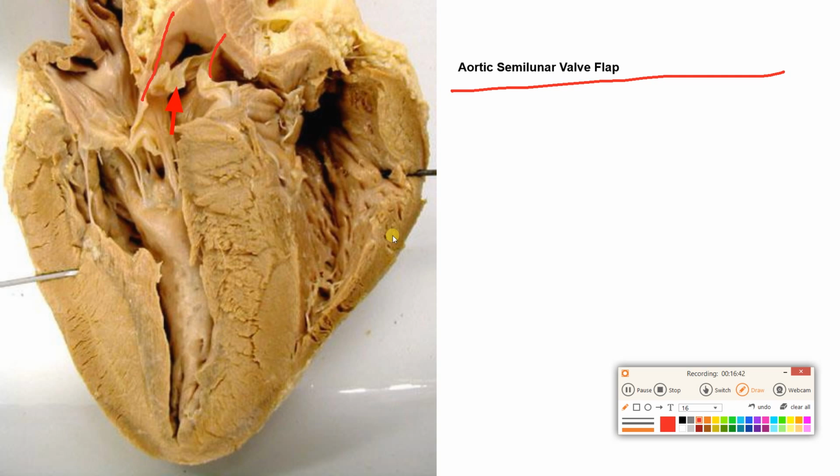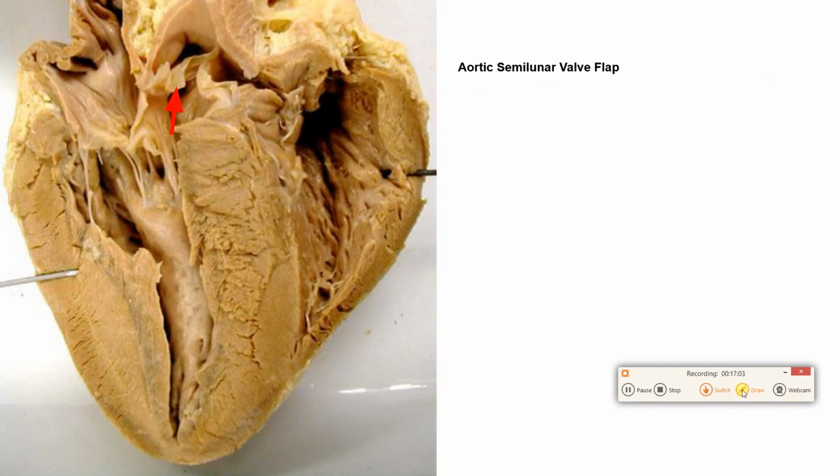And if there's no chordae tendineae, then we're going to have a semilunar valve. And again, we have to figure out, is it to the left or is it to the right? If it's to the left, it's aortic. If it's from the right ventricle, it is going to be pulmonary.